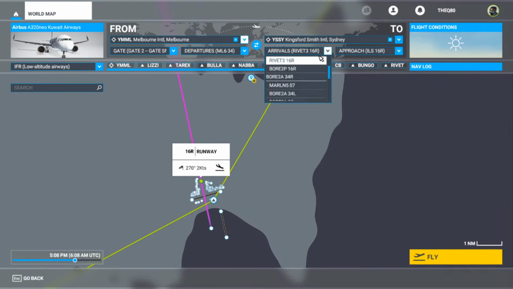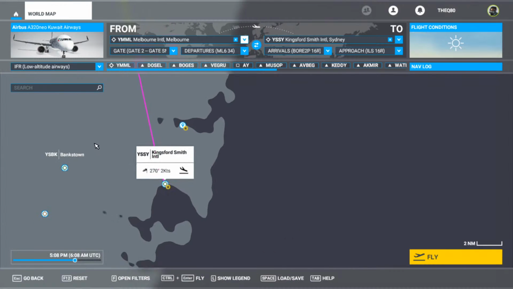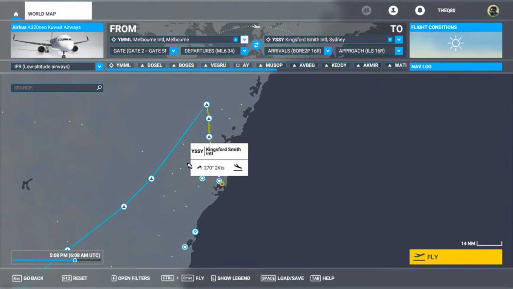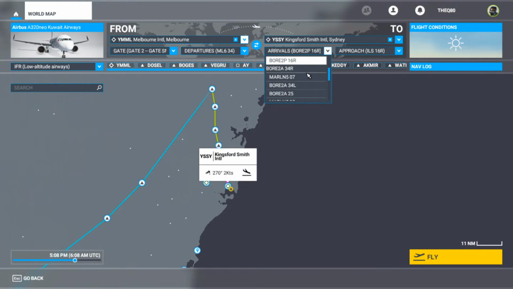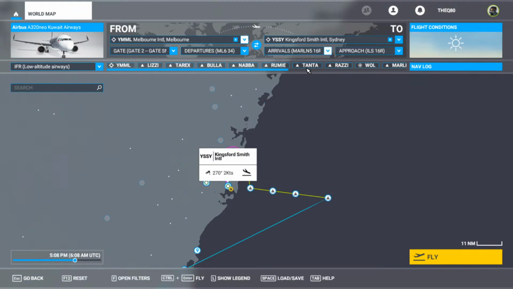Let's see, they have different approach to this. And seems, so this is a little bit further. 16R approach is, see, they have two approaches and that's it. To 16R, that's a better approach.